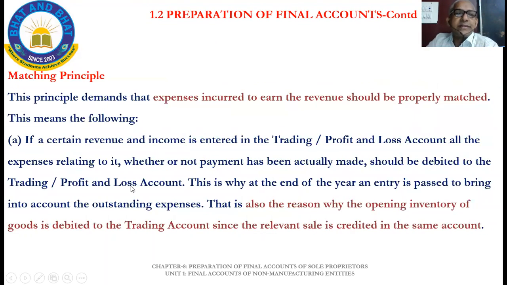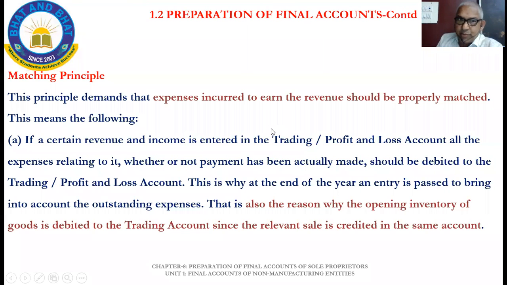And the same, what I have told, is here, matching principle. Hence, in case of inventory, say, purchased goods which are not utilized or which are not sold, in non-manufacturing, not sold, right? That is shown as closing stock or closing inventory.